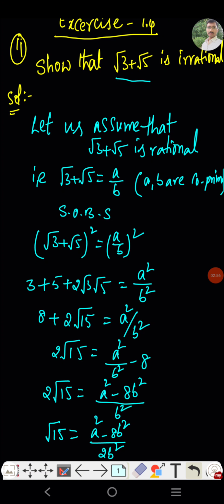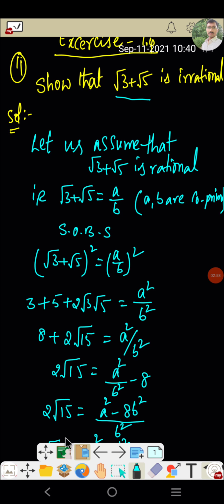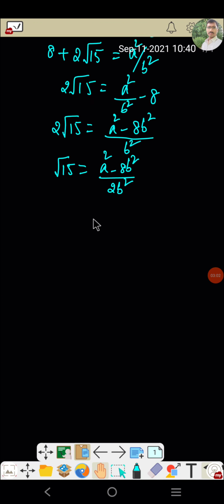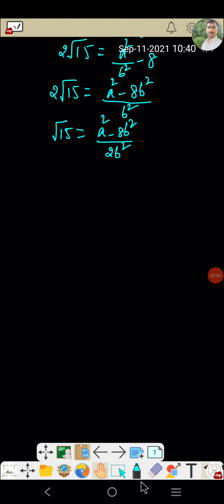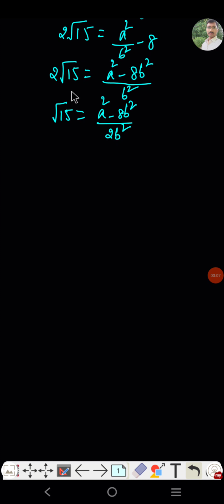Up to here, okay. Now we already know root 15 is an irrational number. We know that already. Root 15 is irrational, so the LHS is an irrational number. But the RHS value is of the form a square minus 8b square by 2b square. That means it is of the form p by q.